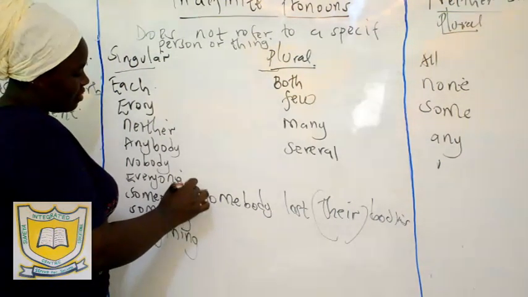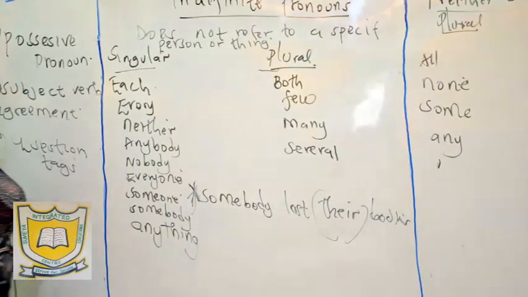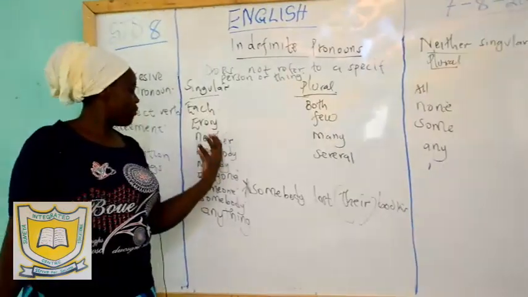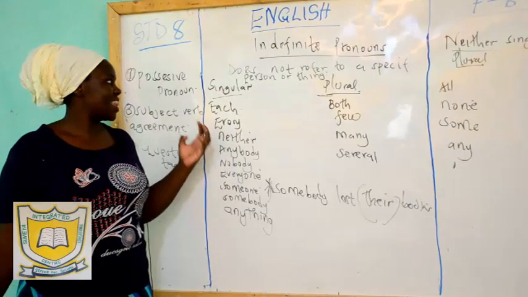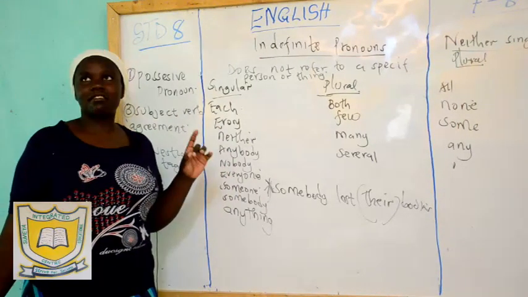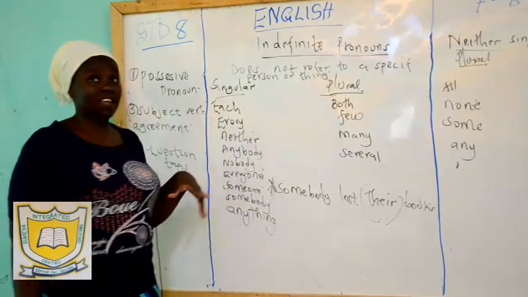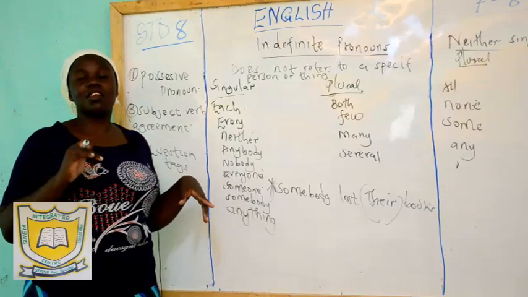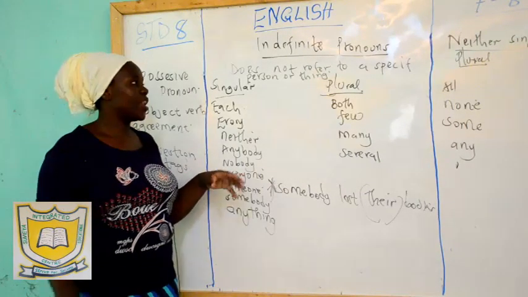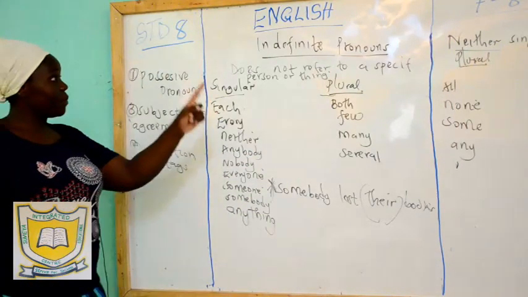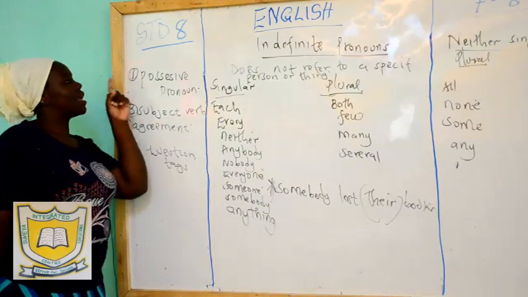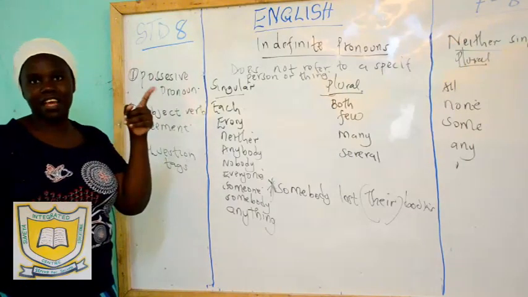This sentence is wrong. Why? Somebody, someone, nobody, everyone, anybody, neither, every, and each are singular. What does that mean? They should take a singular possessive pronoun. That's why I say indefinite pronouns should agree with their possessive pronouns in antecedents.